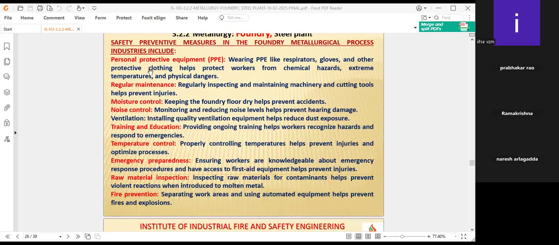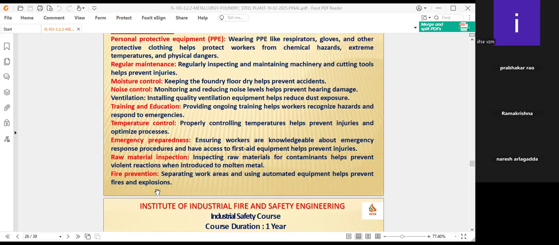What are the safety preventive measures in the foundry metallurgical process industries? They include personal protective equipment, regular maintenance, moisture control, noise control, training and education, temperature control, emergency preparedness, raw material inspection, and fire prevention.